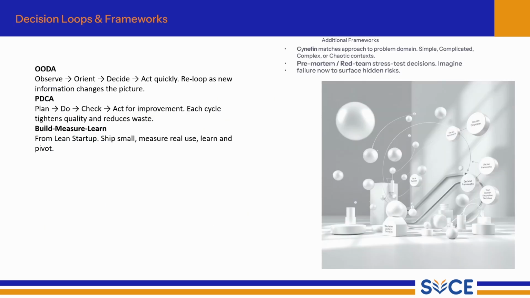In the next slide, we are seeing the decision loops and frameworks. Here, number one, the OODA loop, that is observe, orient, decide, act quickly, and then reloop as new information changes the picture. The OODA loop is about speed.